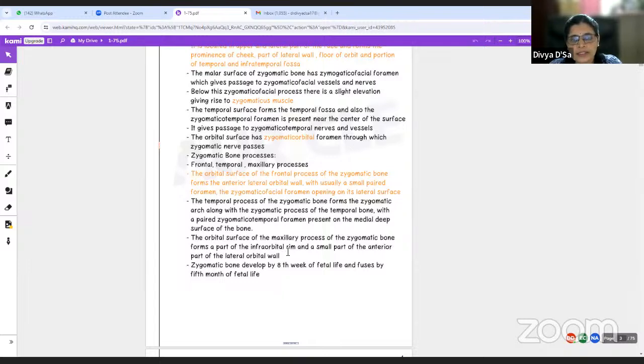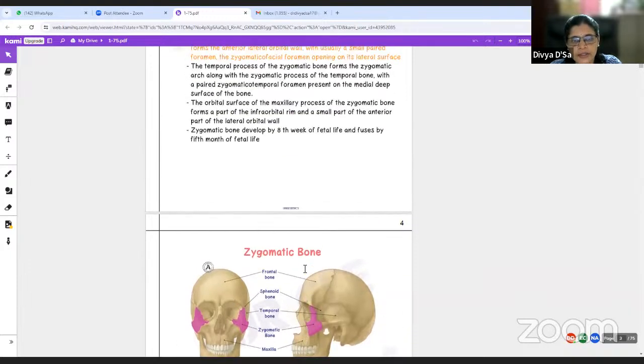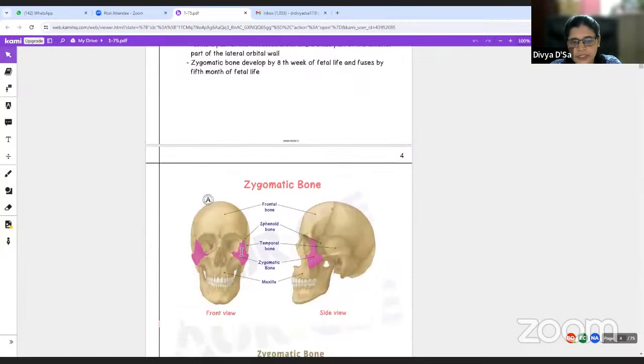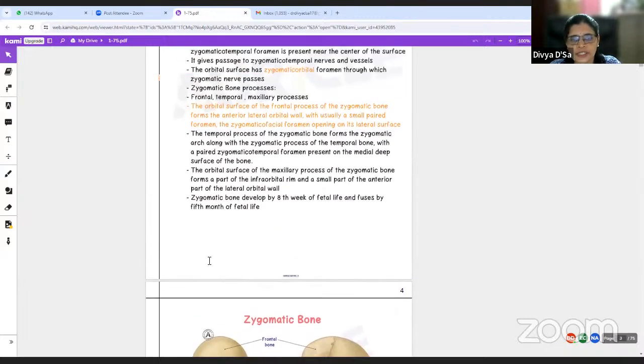The orbital surface of the frontal process of the zygomatic bone, meaning the inner surface of this frontal process, is forming a part of the lateral wall.